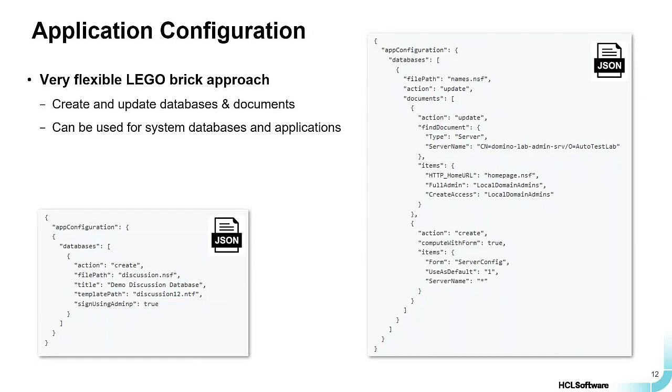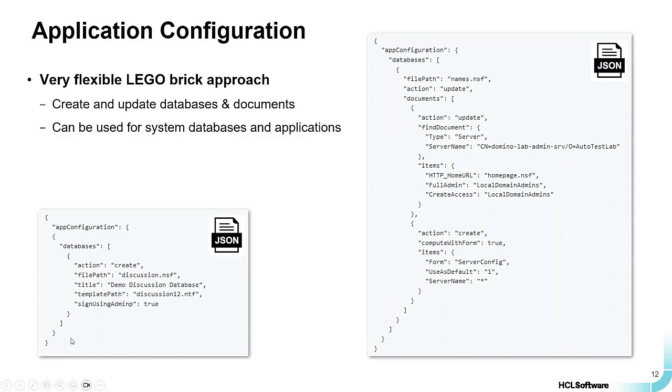We can look into files a little bit later, but let me first introduce what we have in addition in the JSON file. The JSON file has another section called the app configuration section. And you see here we have one database that we create. So you have actions like create, update, where you can just really create a database from scratch.